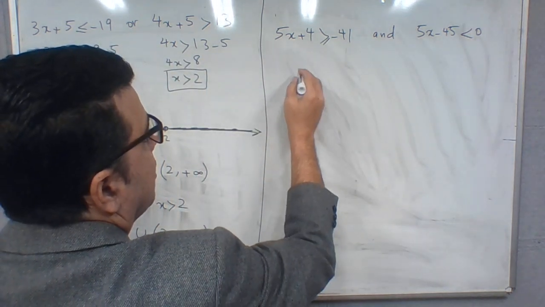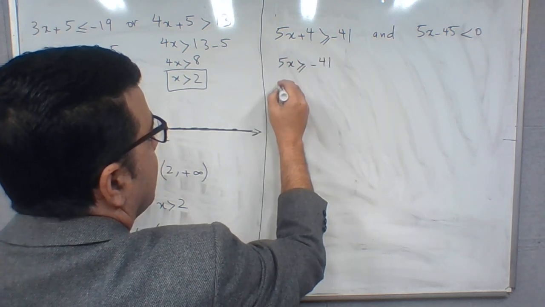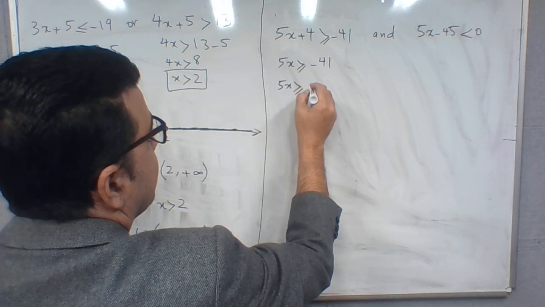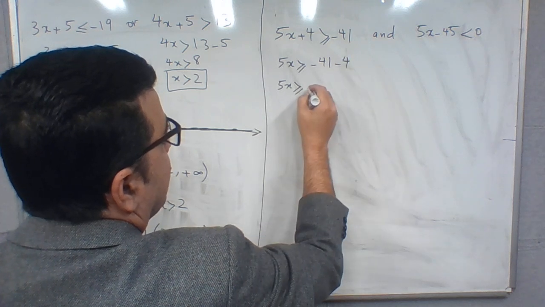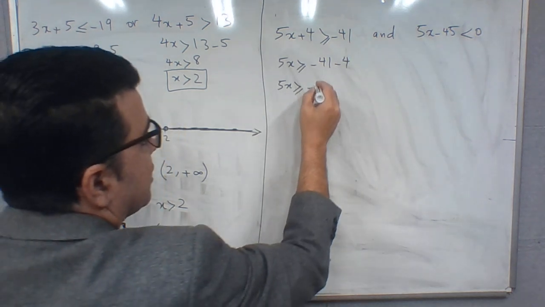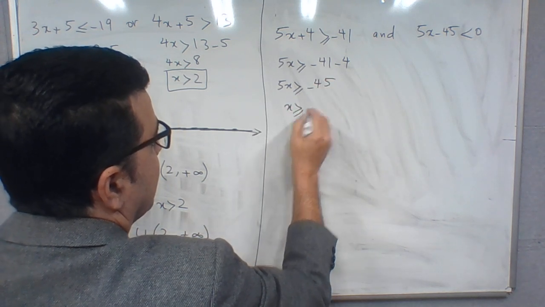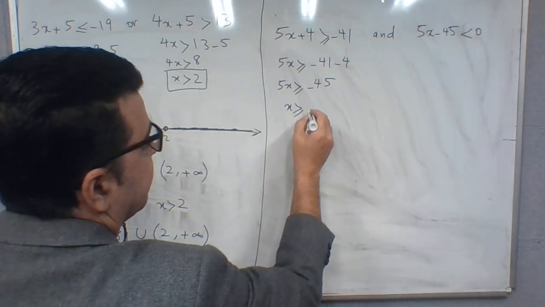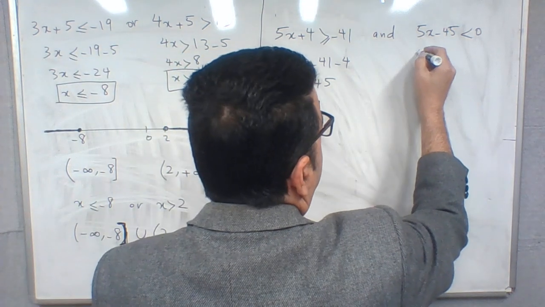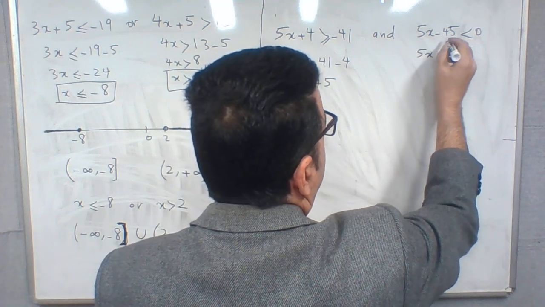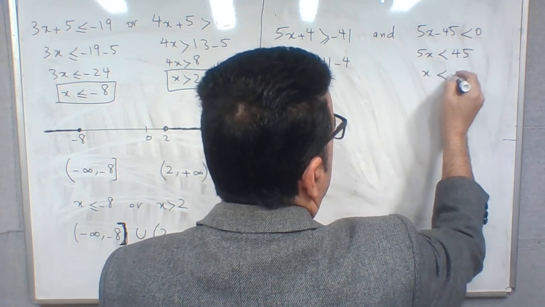So 5x greater than or equal to -41 minus 4. So -41 minus 4 is -45. So x is greater than or equal to -45 divided by 5, it is -9. And here 5x is less than -45 changes to 45. So x is less than 9.